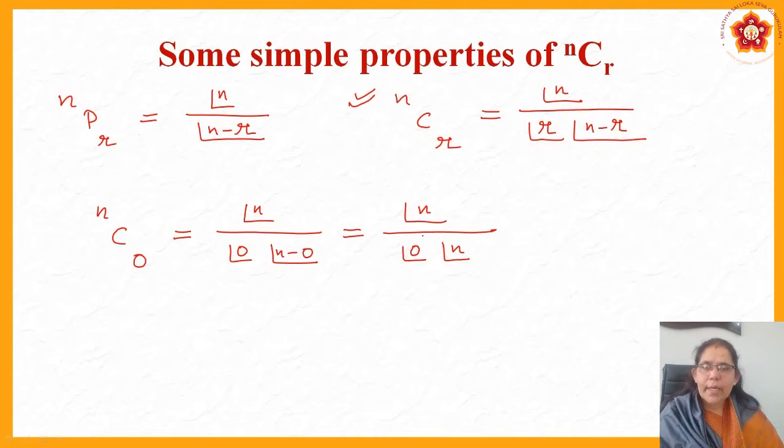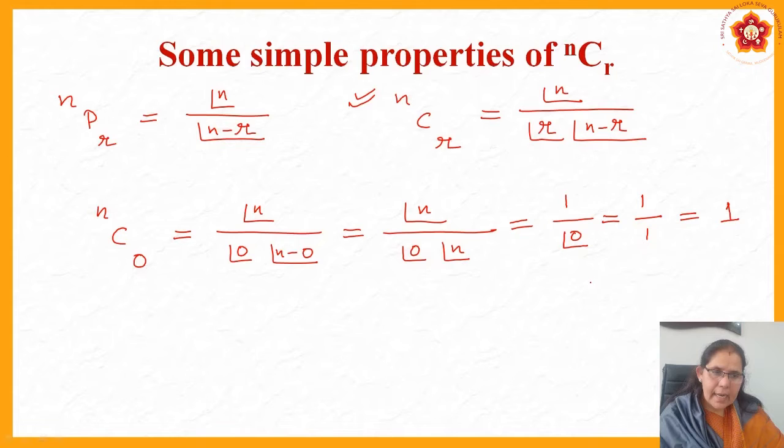So we have got factorial n in both numerator and denominator. This will get cancelled. So we are just left with 1 upon factorial 0. And what is the value of factorial 0? Factorial 0 is 1. So we arrive at this result, NC0 is equal to 1.